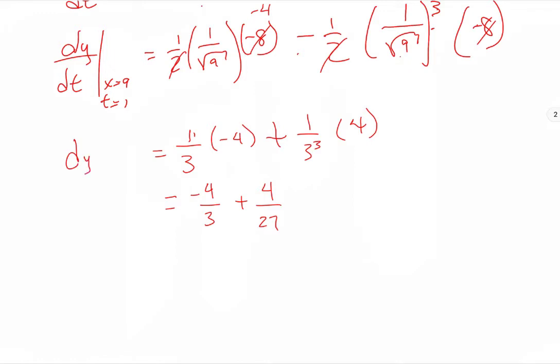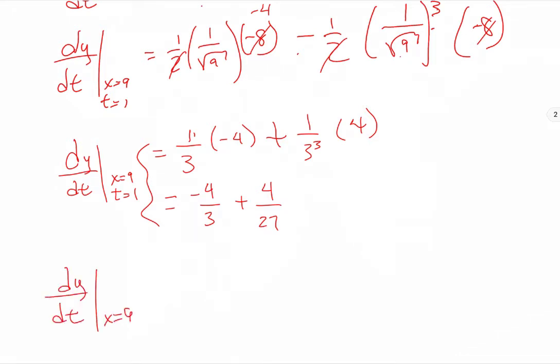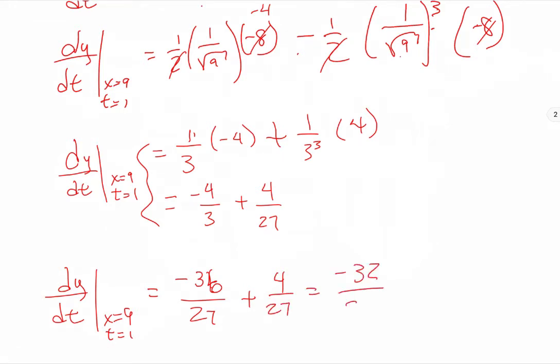Okay, so this is dy/dt at x equals 9 and t equals 1, which equals -36 over 27 plus 4 over 27, which equals -32 over 27.